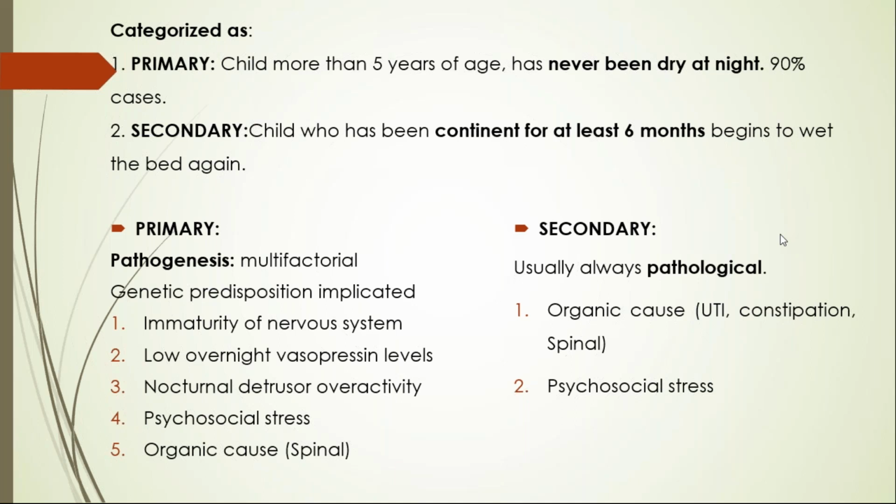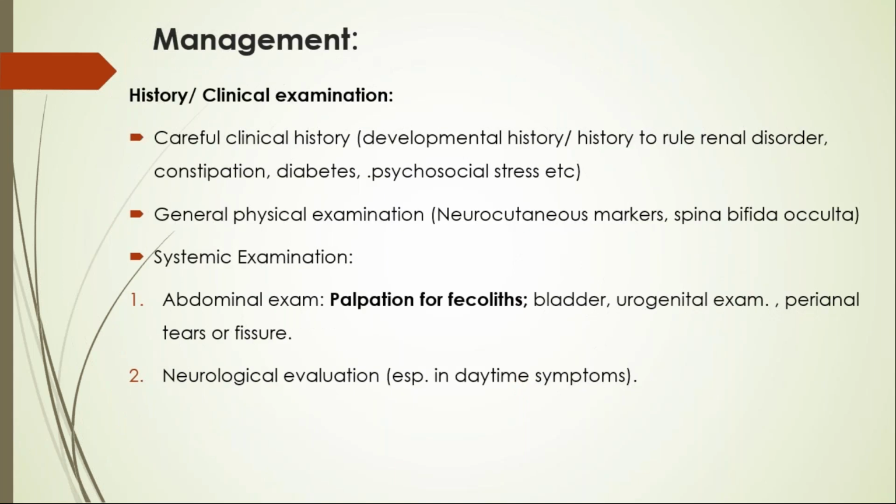So you do a full history, as we said, of the age of onset, the problems in the family, any UTI, any constipation, and do a full general physical examination to look for any spinal problem or any other organic problem. That would help you know the cause of the enuresis.